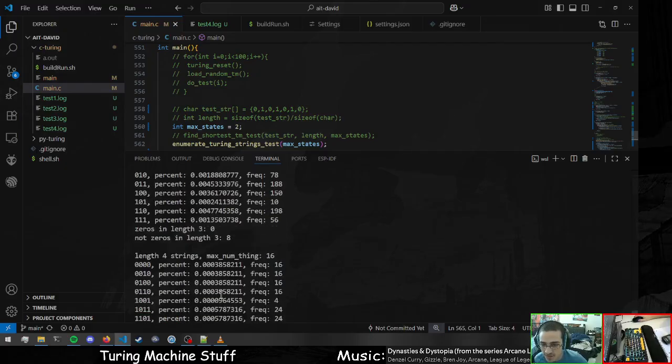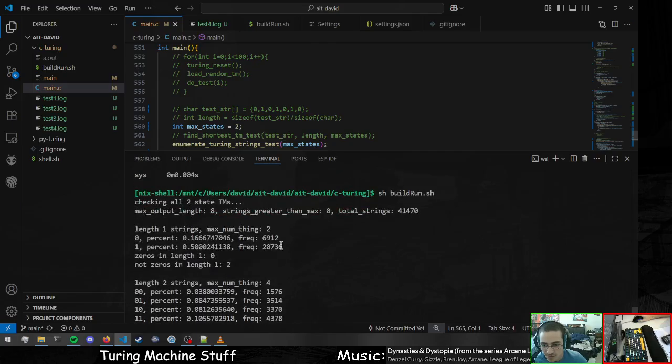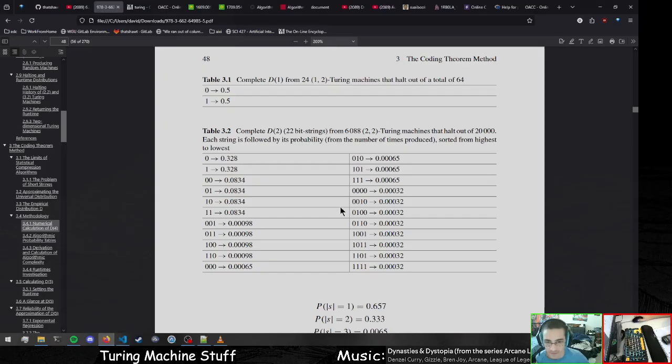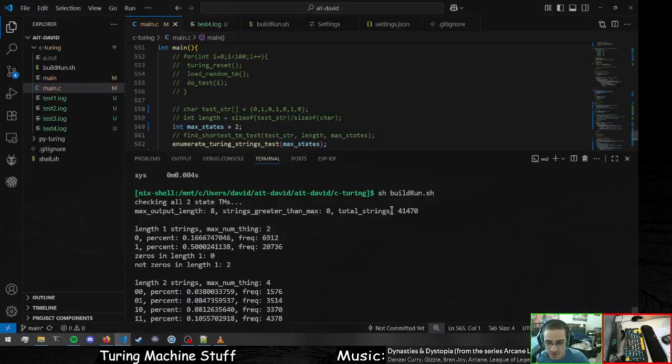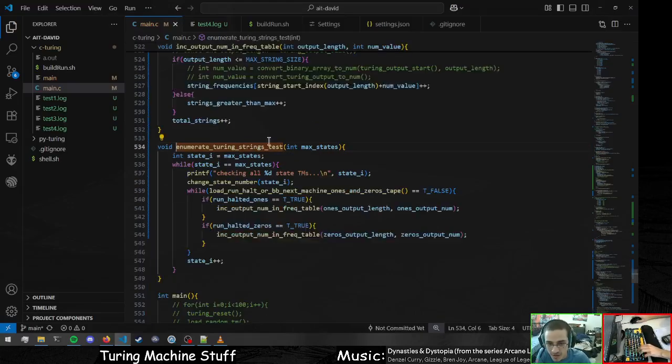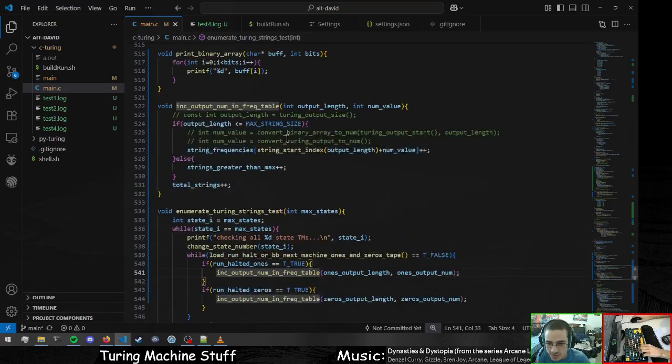One thing though, one thing. The total strings is off. Apparently it's off. Apparently, I got a lot more halted strings. So let's just double, triple, quadruple check what is going on here.